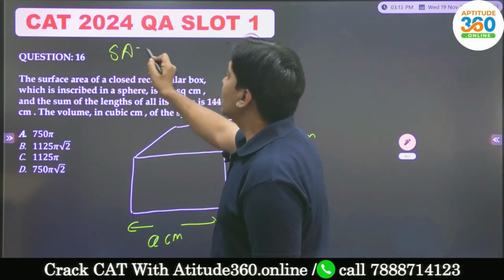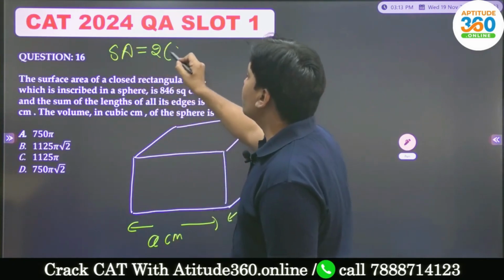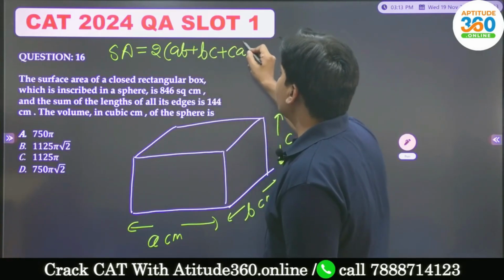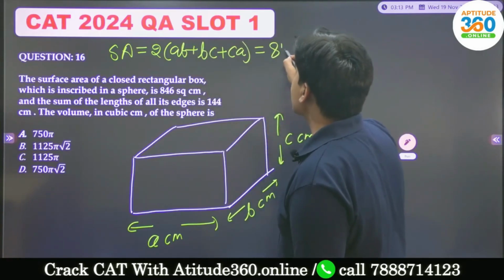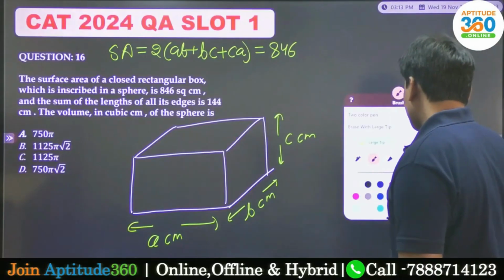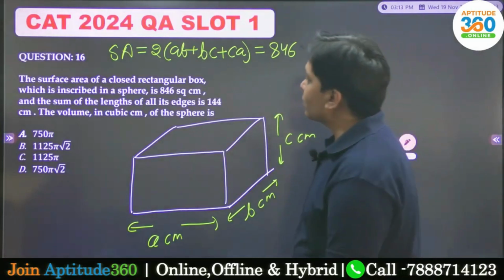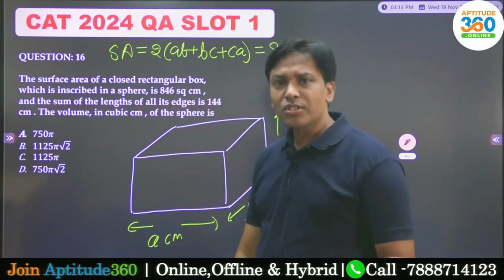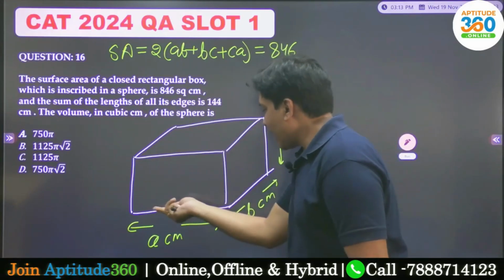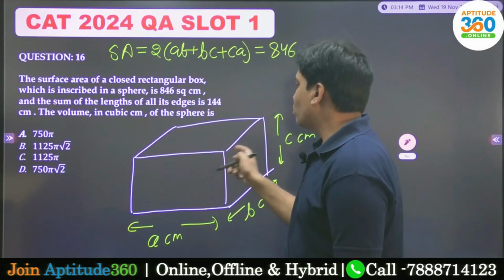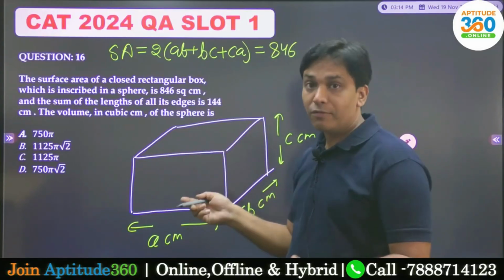Surface area is going to be 2 times of AB plus BC plus CA, and that is given to us in the problem as 846, right? So we know the surface area. What is another thing that is given to us? The sum of lengths of its edges. How many such edges are there? If you look at it, say this is A, so how many times we are going to be having 1, 2, 3, and the fourth that I did not make for you.